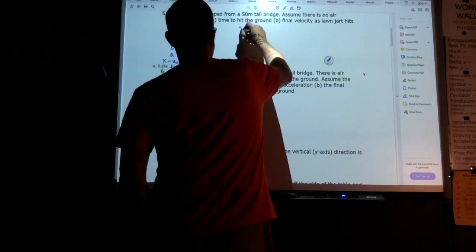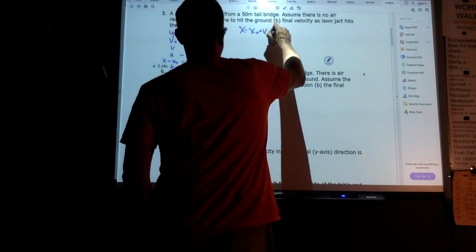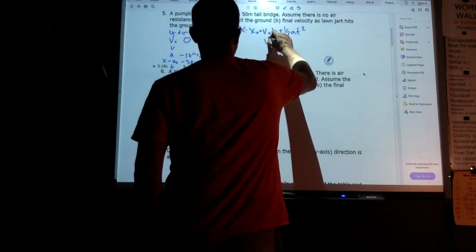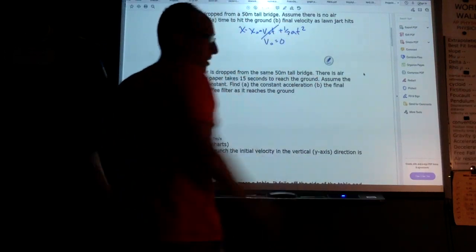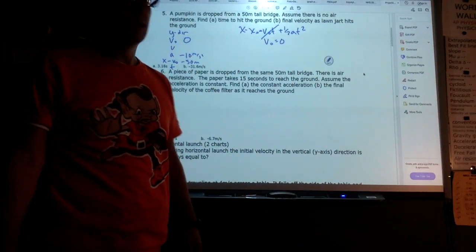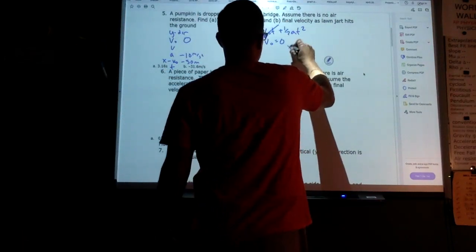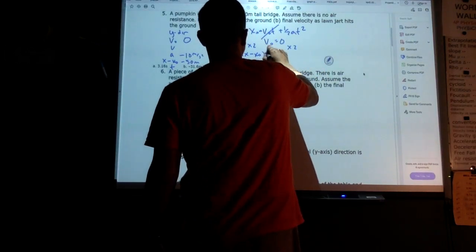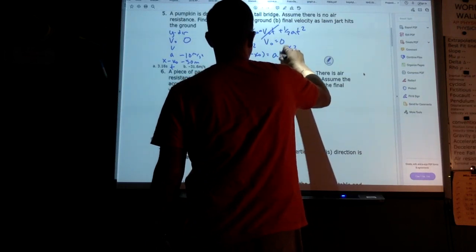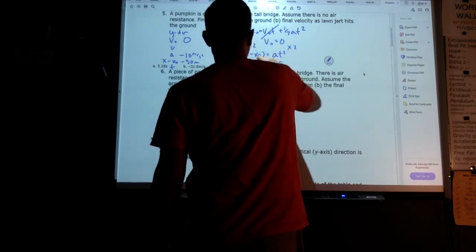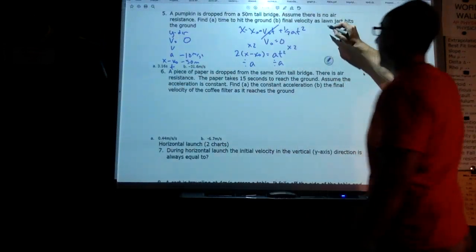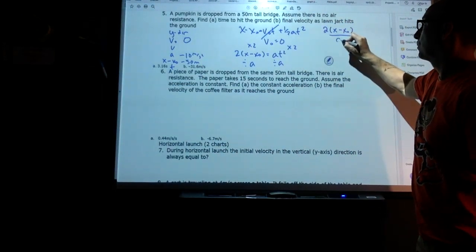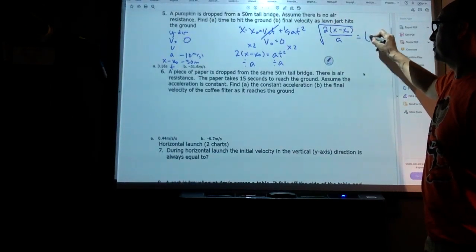So looking at our kinematics formula, I know that my initial velocity is 0, so that cancels out. So I'm going to multiply both sides by 2, and I'm going to divide both sides by a, and I'm going to square root.